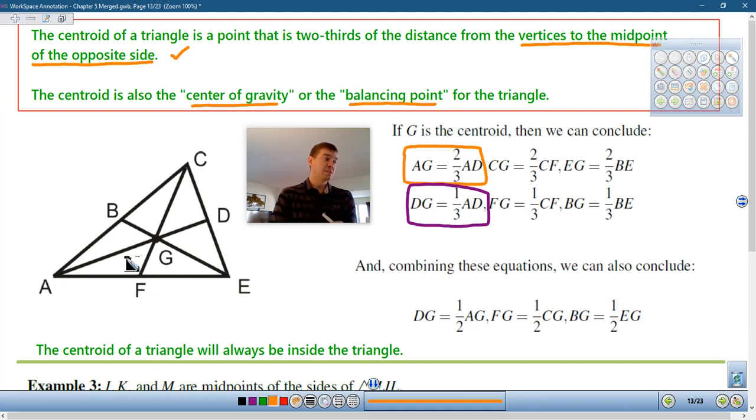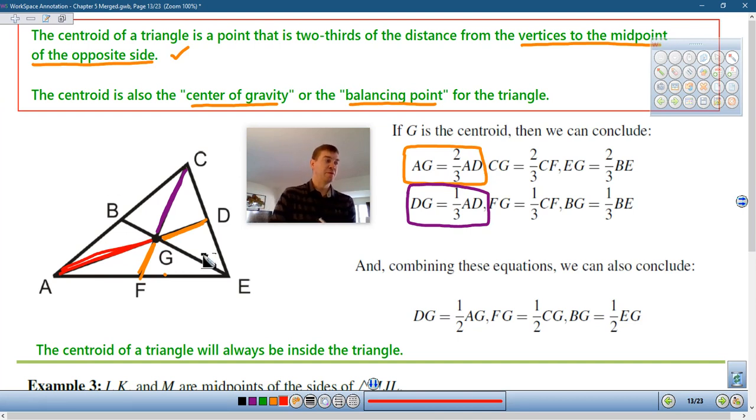What that means is there's also a relationship between GF and CG. And that is 2/3 is twice as much as 1/3. So GF is half of what CG is. GD is half of what GA is.